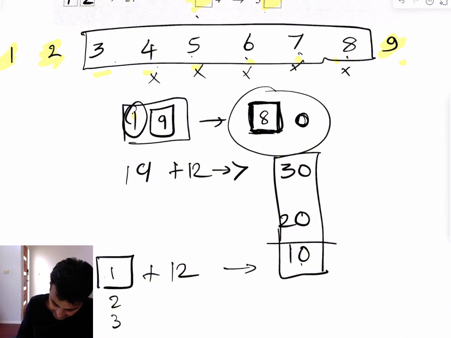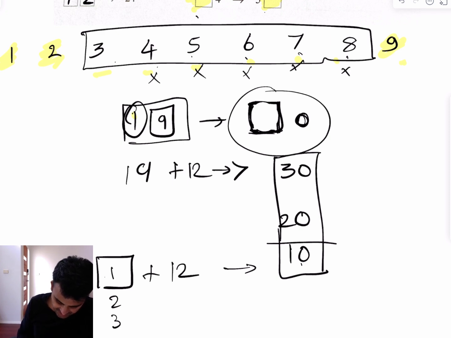So this digit over here cannot be 10, and we have also used it up already. So realistically, the only options over here are either 2 or 3.